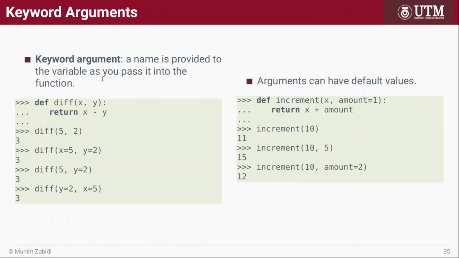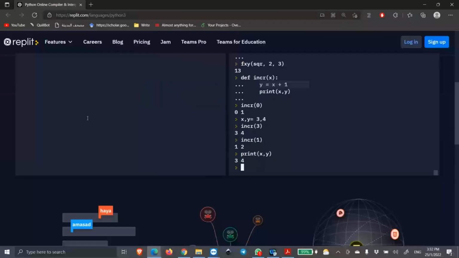When you are calling a function in C, for example, normally the parameters are position based. The value that you give to the function will be based on the position of the variables. So this will be the normal thing.